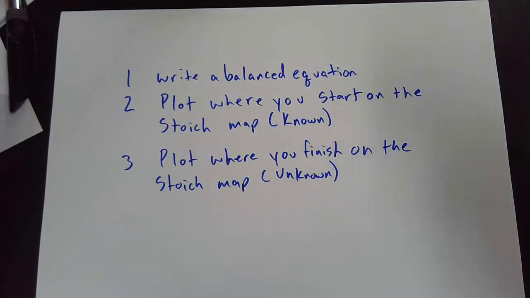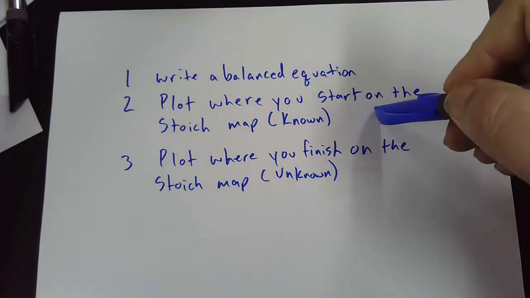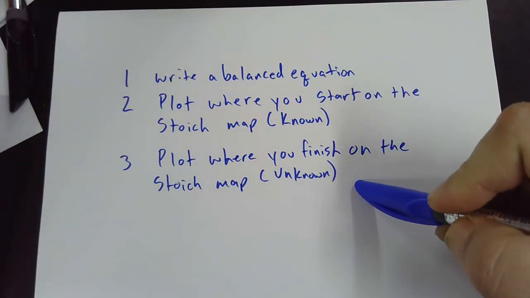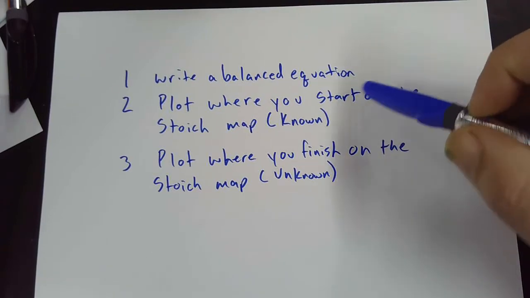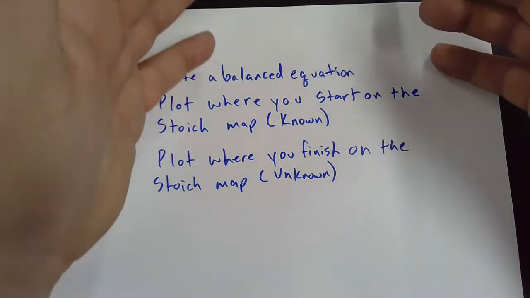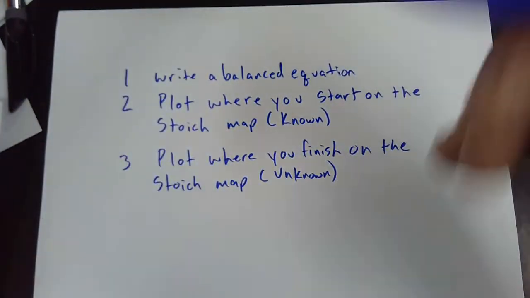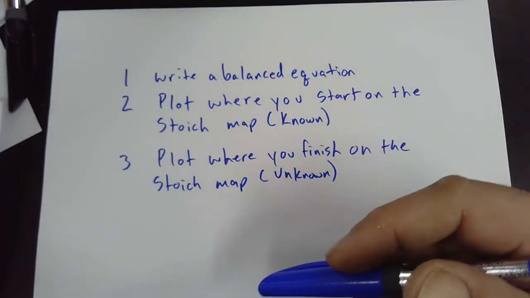The unknown or finish is what they ask for in the question, like how many grams of this or how many moles of this. Anytime you have a problem, you have a start, which is what they give you, and a finish, which is what they're asking for. The start is the one they give you a value for, so we know how much we have. The other substance is what we don't know how much we have.